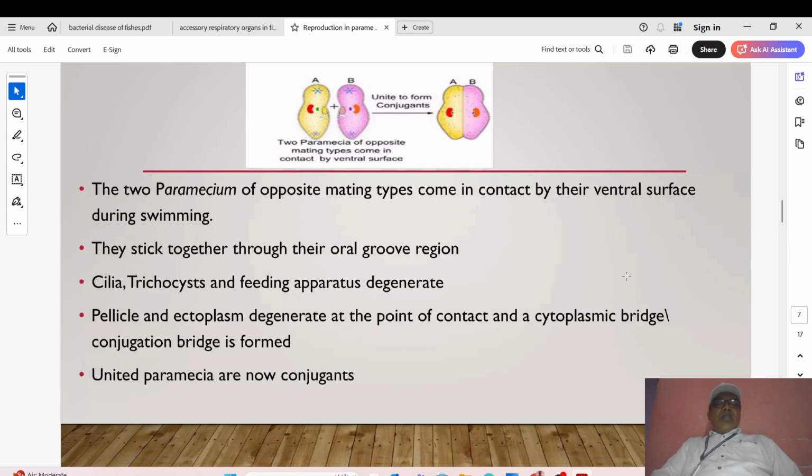They stick together through their oral groove regions. Cilia, trichocysts, and feeding apparatus degenerate. Pellicle and ectoplasm degenerate at the point of contact, and a cytoplasmic bridge, the conjugation bridge, is formed. The united Paramecia are now called conjugants.